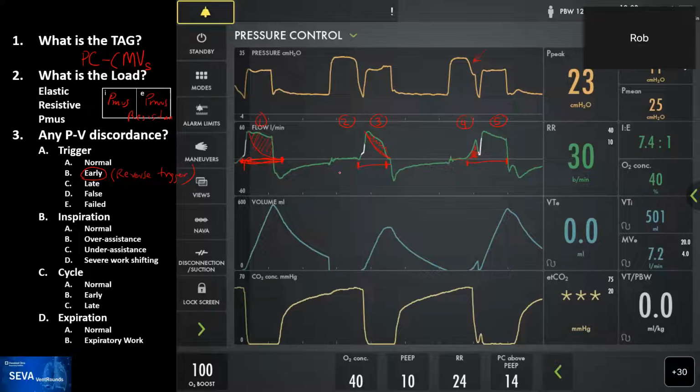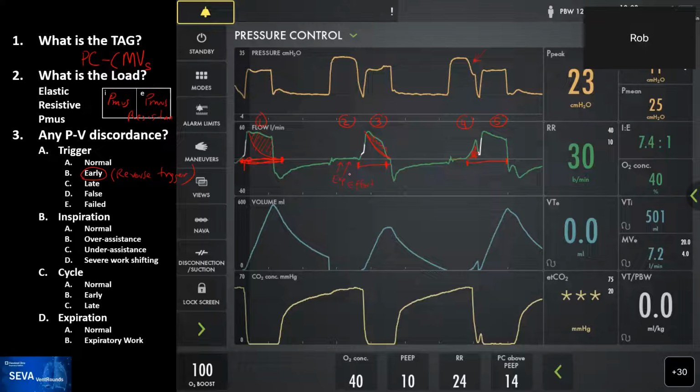So either the patient is biting on the tube, or there's an obstruction, or more likely in this case, the patient is making an expiratory muscle effort. So during inspiration, you can have an inspiratory effort and you can have an expiratory effort. There's nothing stopping the patient from doing that. And it would appear that in this case, in 2 and 4, the patient's PMUS is just about as negative as the ventilator's positive pressure.